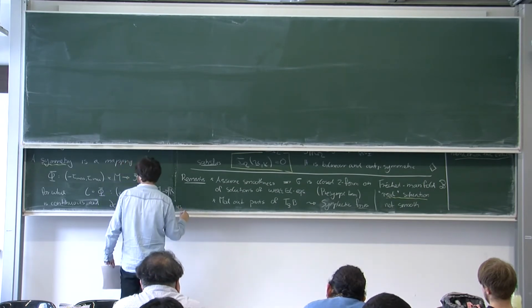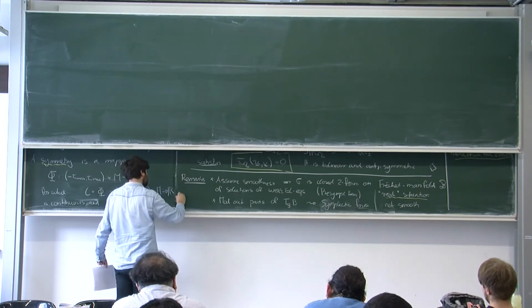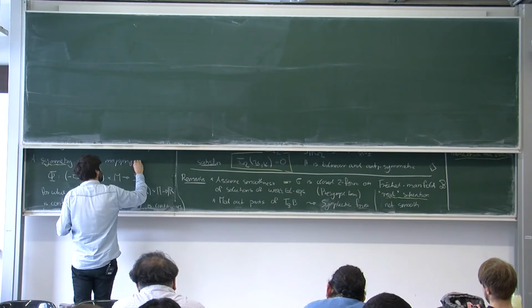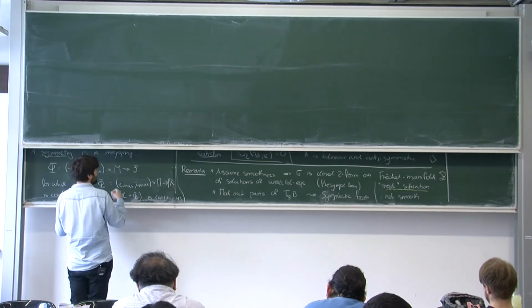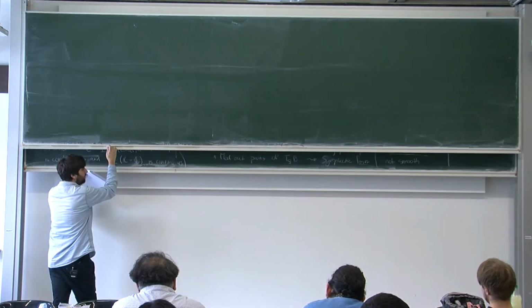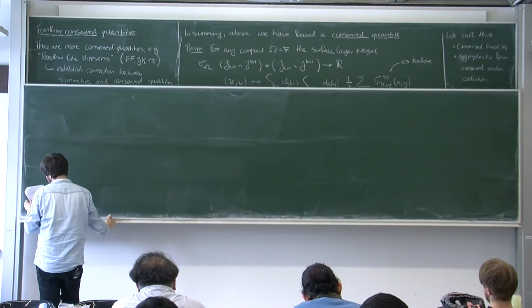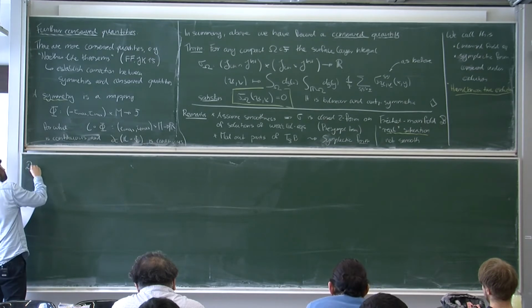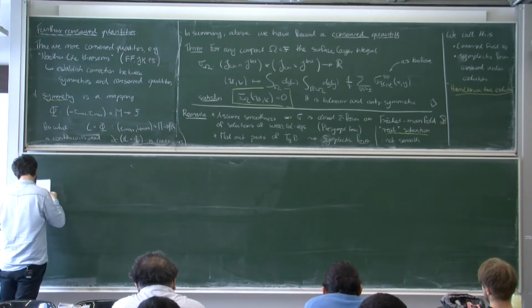Okay, so this is basically what a symmetry is, and of course there are more conditions on which type of symmetries you have. For example, you can define a symmetry of the Lagrangian.